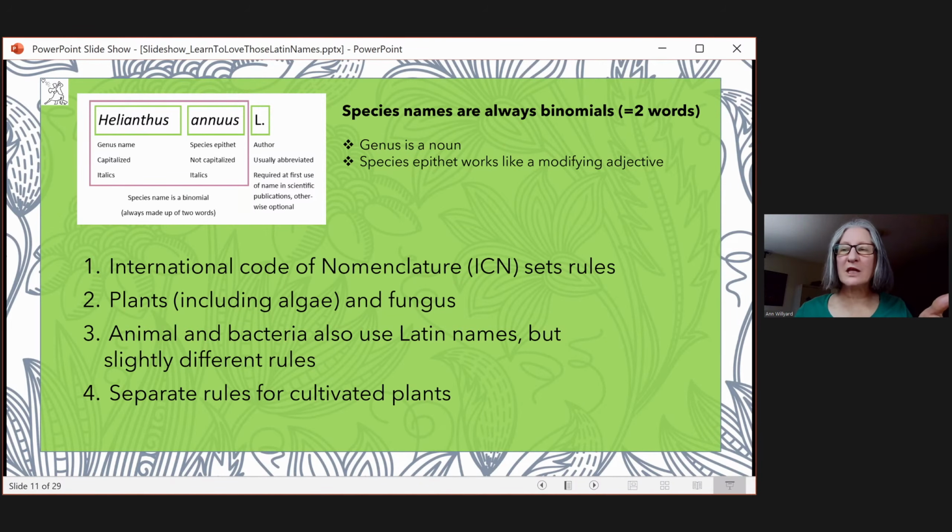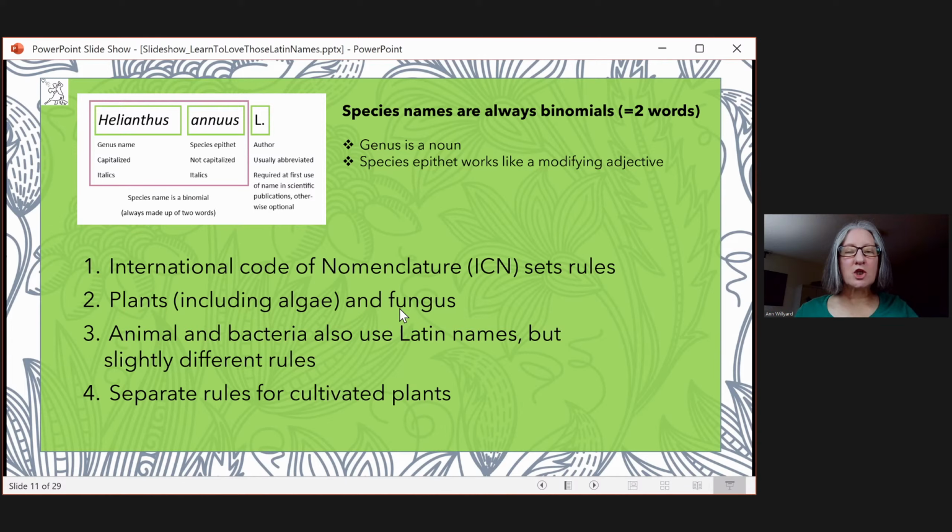If you're not learning to publish and create a new name, you simply need to know that you'll use the two words exactly how they were published. The way this works is that the International Code of Nomenclature sets the rules, by agreement with taxonomists, and that's all plants, including the algae.